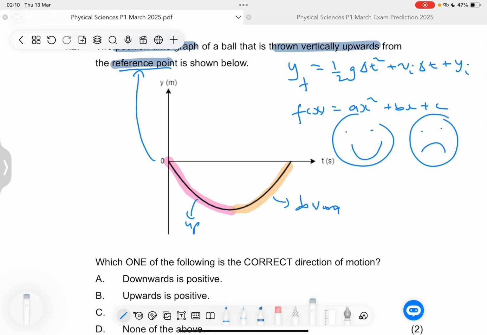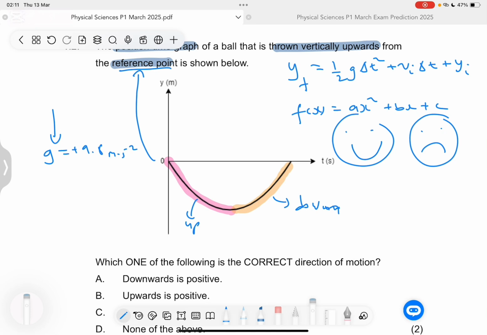And when we look at our graph, it's actually a happy graph. It tells us that our g here, because a is part of g, if we draw a vector of g, we know that g will always point downward and is given by 9.8 meters per second squared. And in this case, it means it is a positive 9.8 meters per second squared, because it gives us a happy graph from this equation when we look at 1 over 2 g, which is our a here.